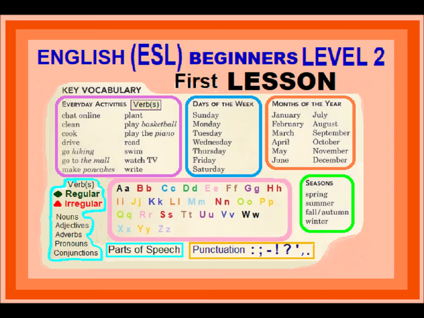And when you speak about regulars, you have to say about three types of pronunciation of past tense of regular verbs, past tense and past participle: t, d, and id.